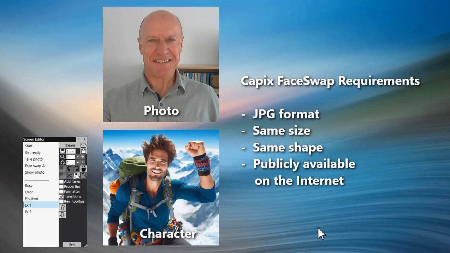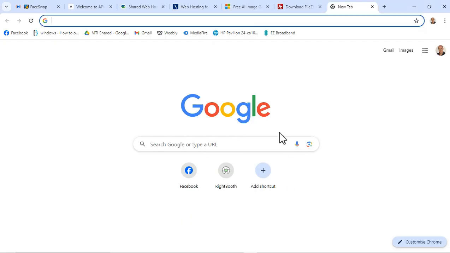So, what do I mean when I say that these images have to be publicly available on the internet? Well, let's take this character. It's got to be somewhere on the internet that is publicly addressable and downloadable by a URL. So I'm going to show you that now, because I've actually uploaded these characters onto my website. So let me just go to Google.